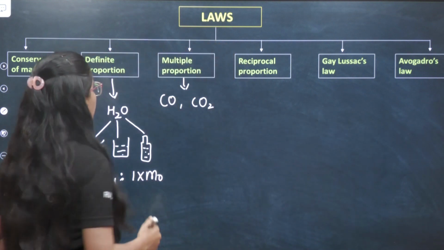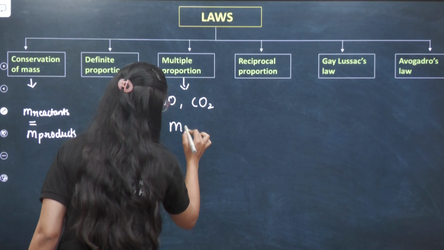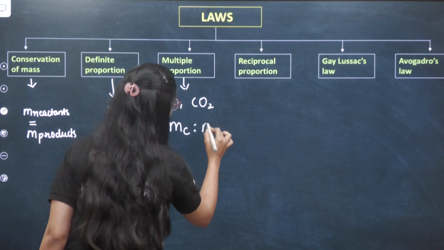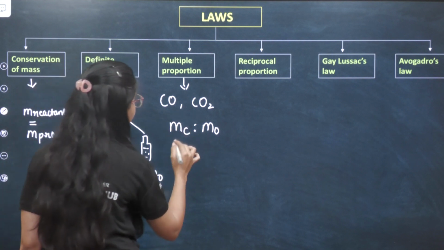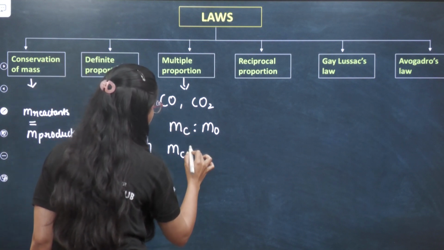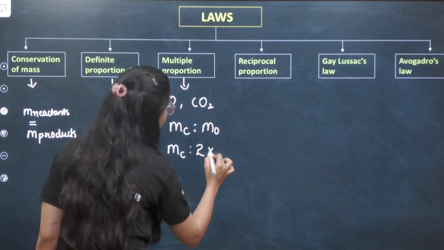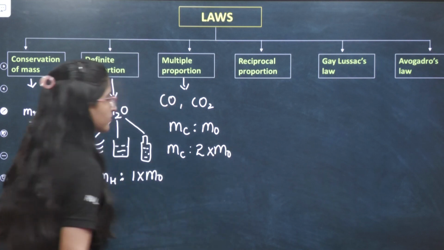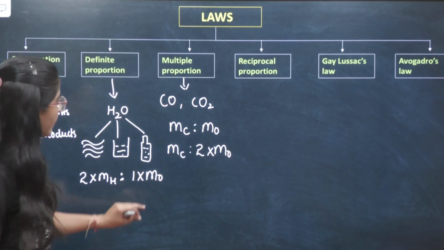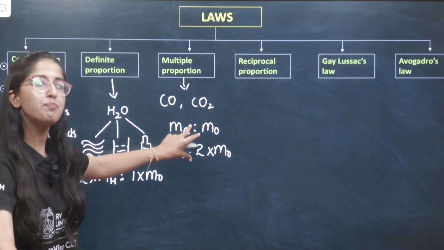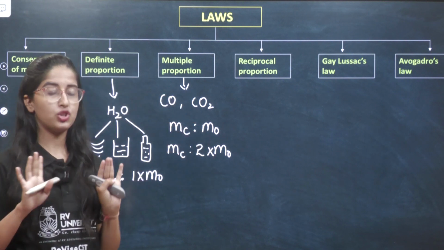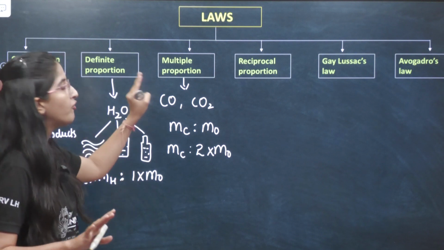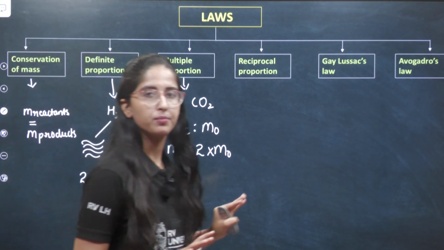So here it is mass of carbon is to mass of oxygen in carbon monoxide, but in carbon dioxide it is mass of carbon is to 2 into mass of oxygen. Are you understanding? So these two are in a simple ratio or a multiple of this simple ratio. Understood? That is the law of multiple proportion.